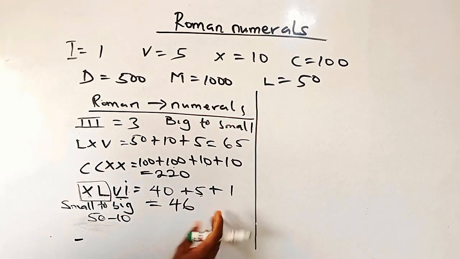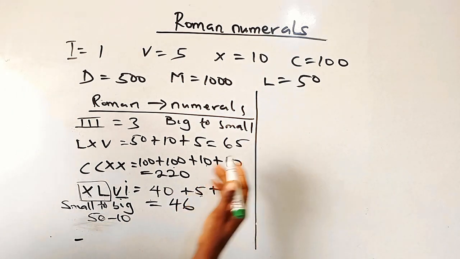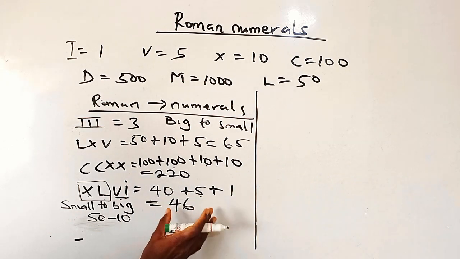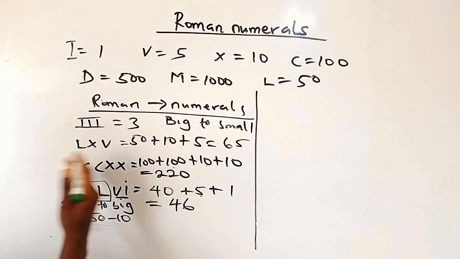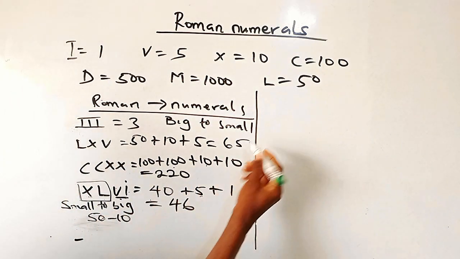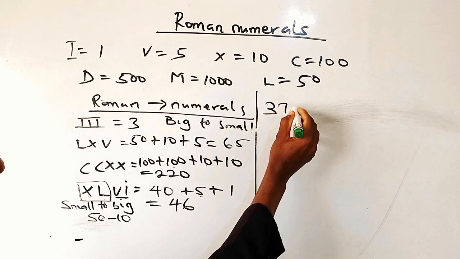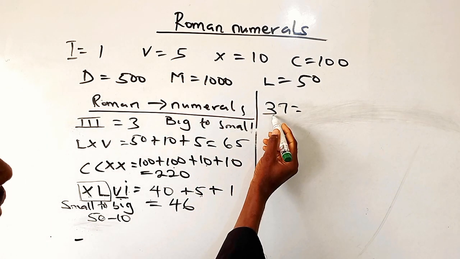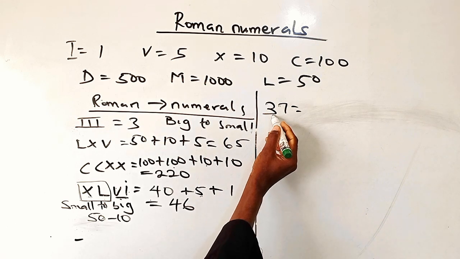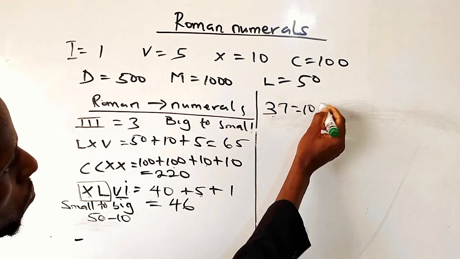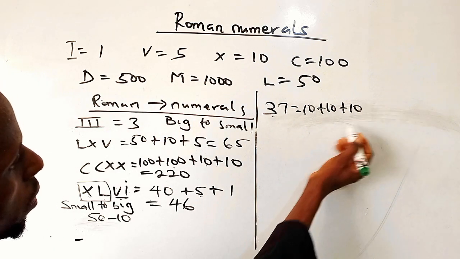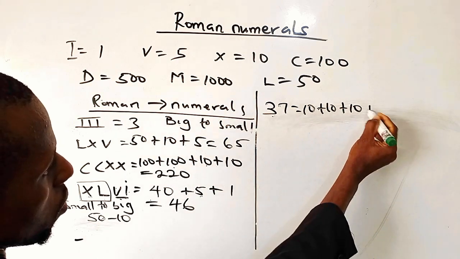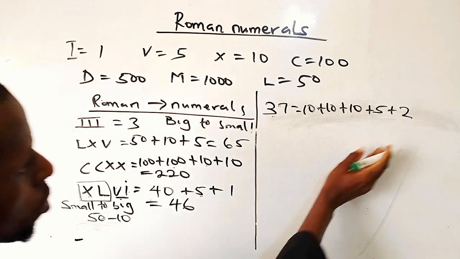In another case, we can have numbers that we have to write back to Roman numerals. Let's say we have 37. I can write this in multiples of 10: 30, that is 10 plus 10 plus 10, and 7 is 5 plus 2.